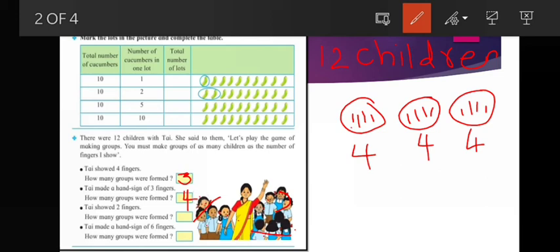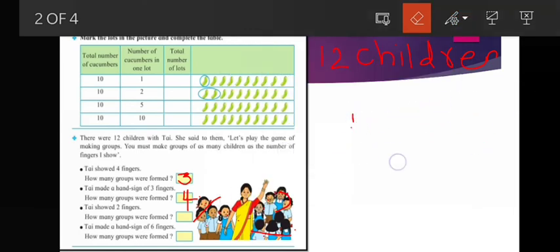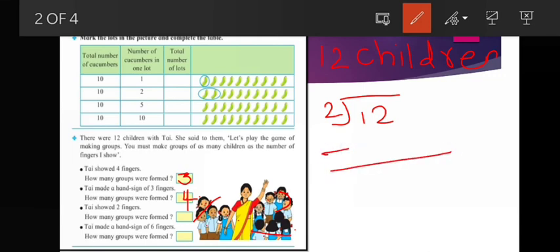Okay. Now let us see. Tai showed 2 fingers. How many groups were formed? If Tai shows 2 fingers, so what we will do? Simple. 12 and 2. 2 6s are 12. Right? So the answer is going to be 6.